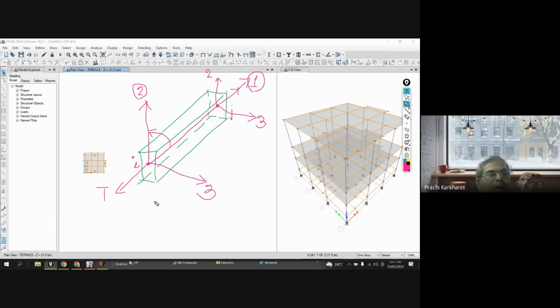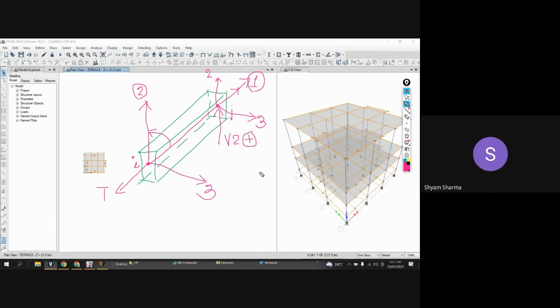Now what about shear? Shear will be in two directions. This is called the major shear. Now the major shear force at the J end, if the shear force is upward, is considered as V2 and it will be positive.